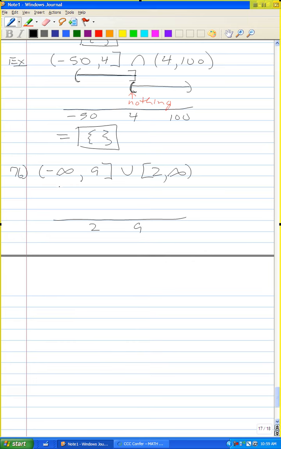So negative infinity, and we include the 9, 2 to infinity. So let's find the overlap. And so the overlap is from 2 to 9. And so it's the closed interval from 2 to 9.